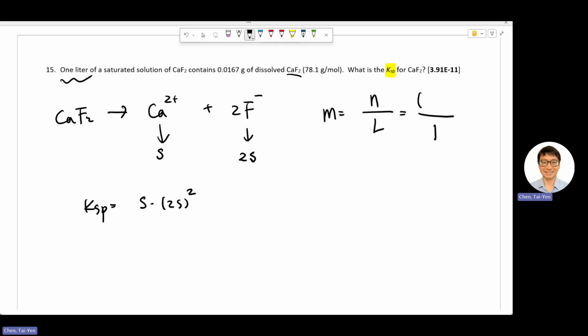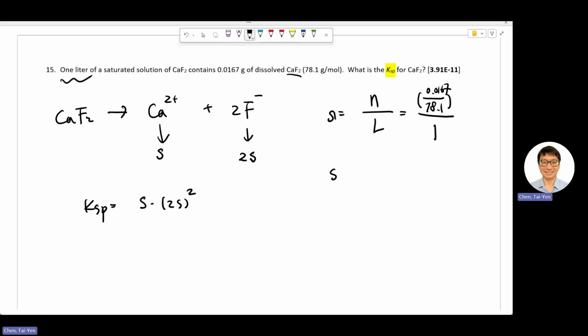The way you calculate moles is the mass, which is 0.0167, over the formula weight, 78.1. If you do the calculation, this will give you a concentration or solubility.